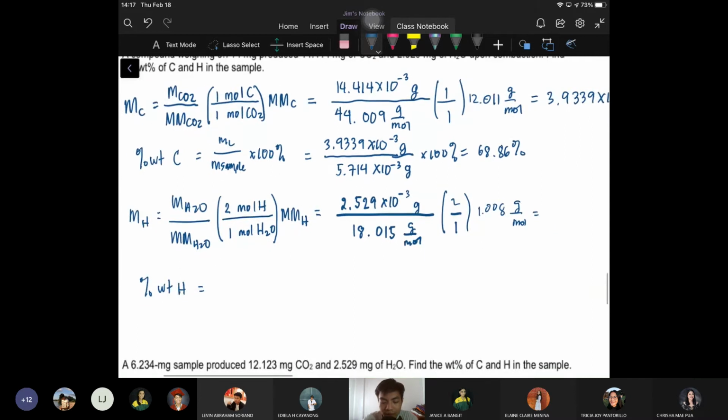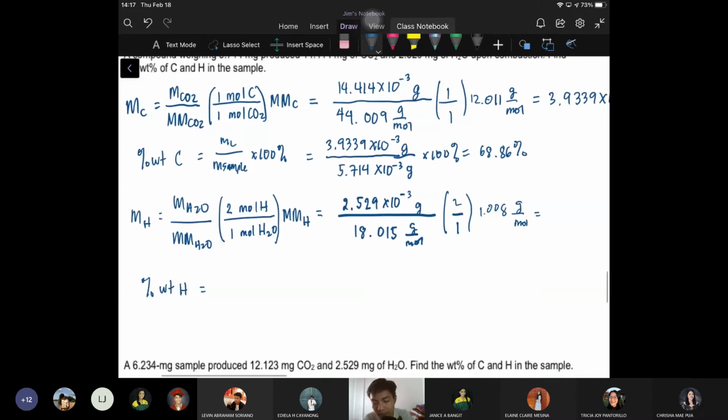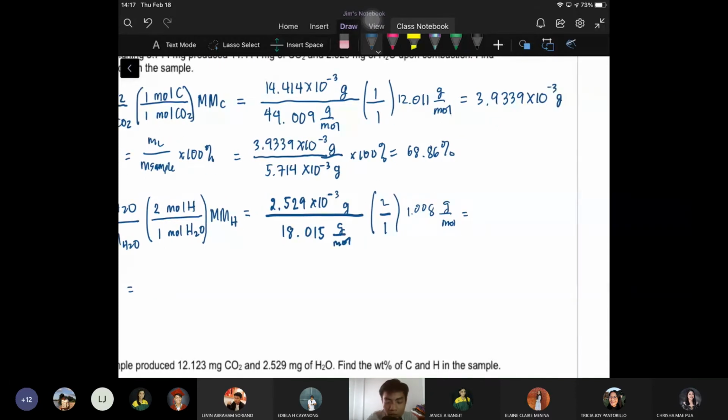So, ano yung percent weight hydrogen? Ganun din. Solve natin. 2.529 times 2 times 1.008 over 18.015. Okay. So the mass of hydrogen will now be 2.8301 times 10 raised to negative 4 grams.